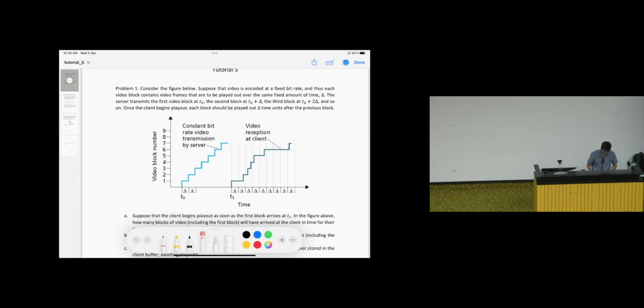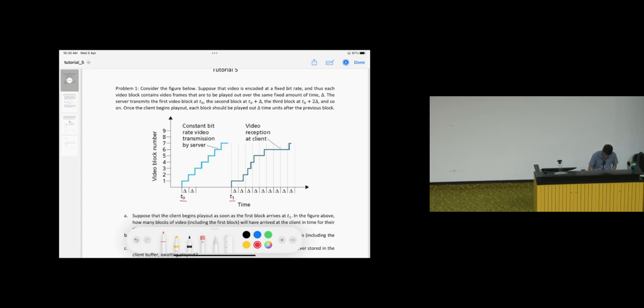And they are sent by the server at time T0, and they are received at the client side starting from T1. And the playout can occur at T1, or it can occur later if we introduce some playout delay.